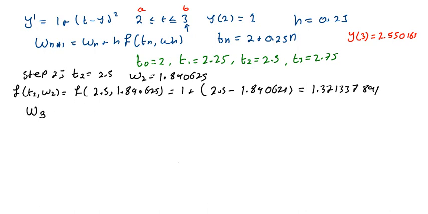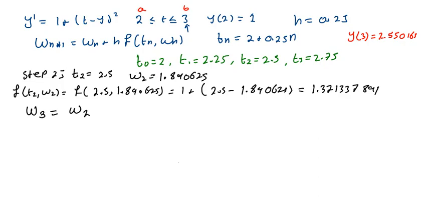So remember, step 2 gives us w3. Why? Because n is equal to 2, you plug in there, you get a 3. So you're going to start with w at wn. What is your n? Your n is a 2.